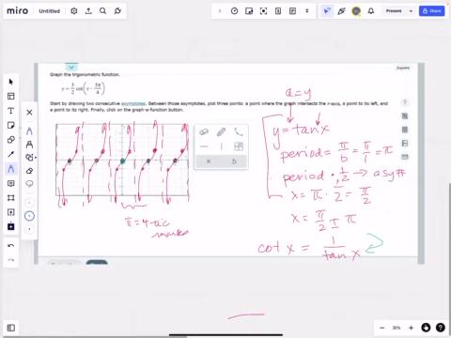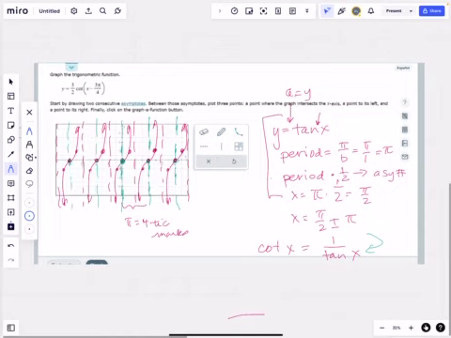That is where our asymptotes move to for the cotangent function. Anywhere there were x-intercepts, there are now asymptotes.